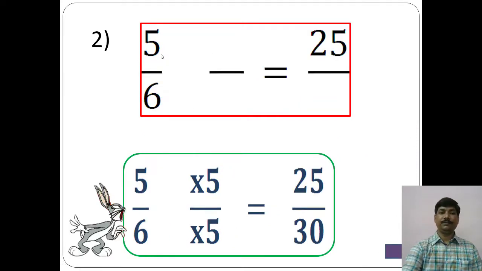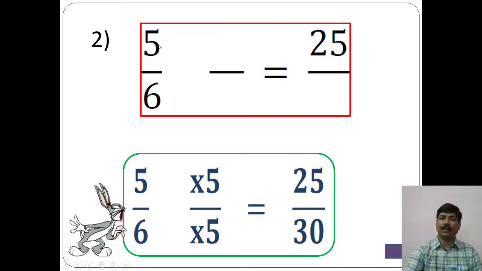Next, another example. This fraction is 5 upon 6. You have to make it equivalent to 25 upon blank, and you have to find the denominator. You have to find an equivalent fraction whose numerator is 25. So how can you get 25? This is 5 and this is 25.